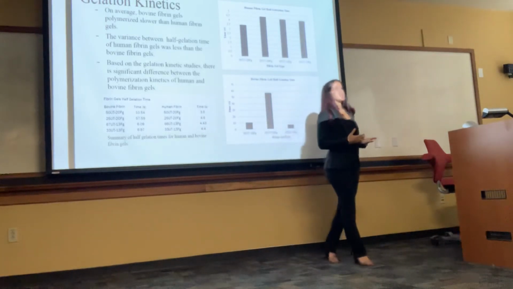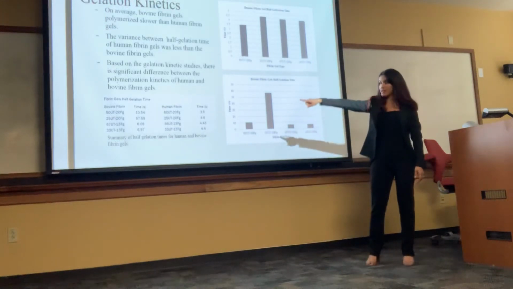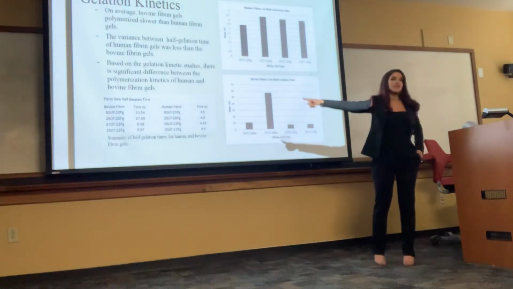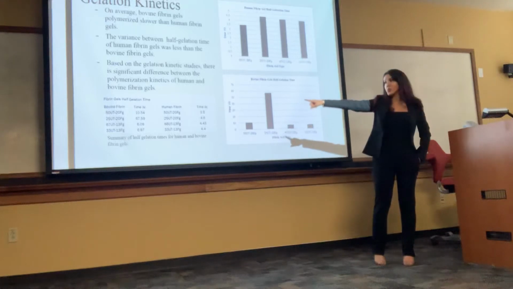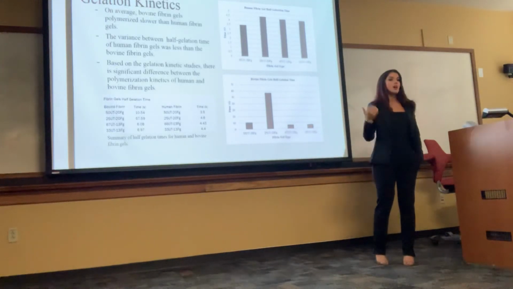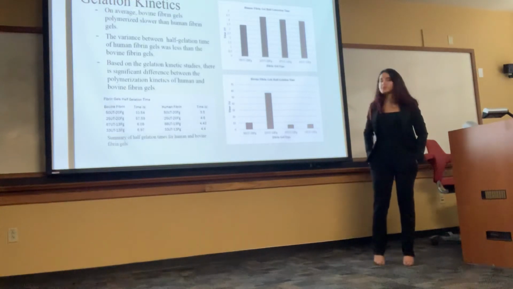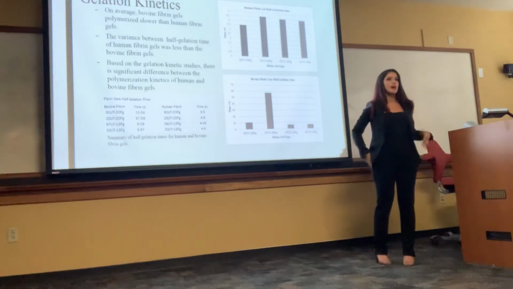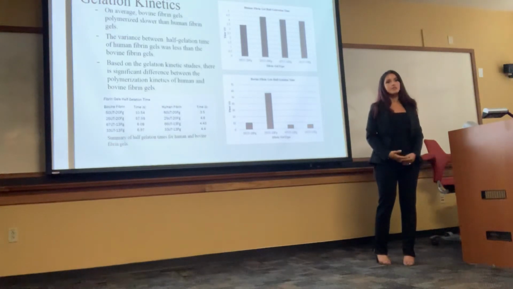But I cannot really say why that gel with a very low concentration of thrombin got the highest gelation time. I actually repeated that experiment twice to see if I would get anything different, but that's just how the gel behaved.